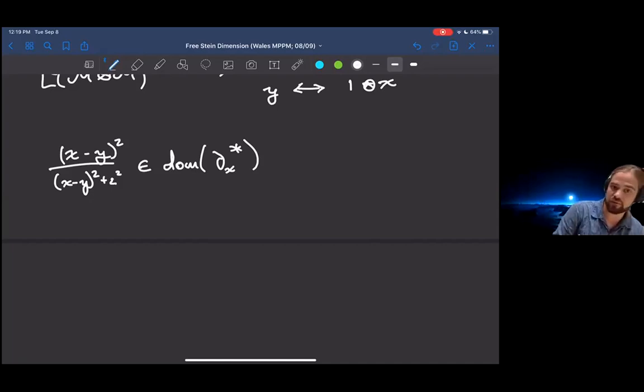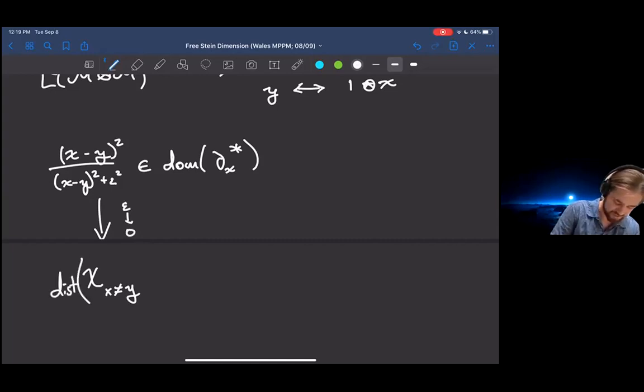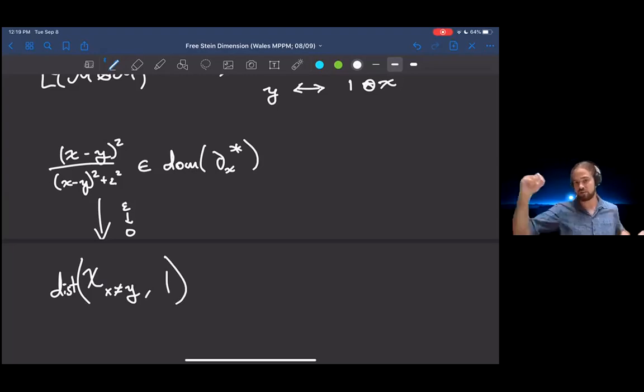And on the other hand, if you look at what happens as epsilon tends to 0, these elements in the domain are converging to the characteristic function of the off diagonal. Right? So these things are converging to the characteristic function of x not equal to y. And then if you ask what the distance is from this characteristic function to 1, the function that is 1 everywhere, well, the difference between the two is supported on the diagonal.